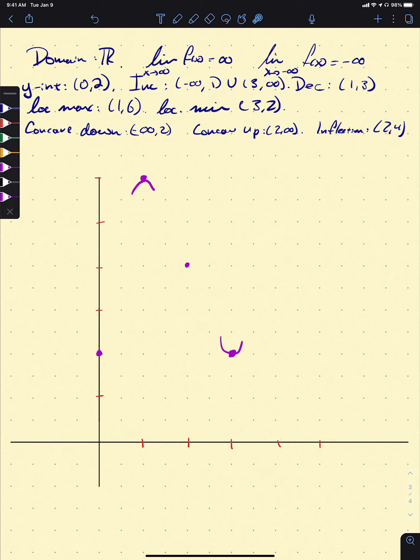Okay. And if we combine that with the information from last lecture, where we looked at the interplay between increasing and concave up, increasing concave down, and all of that, then we can fill in the rest of our information and know that our graph is going to look something like this.